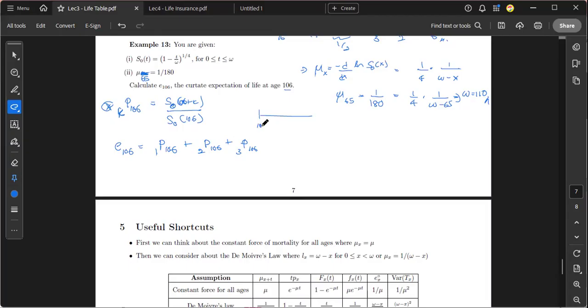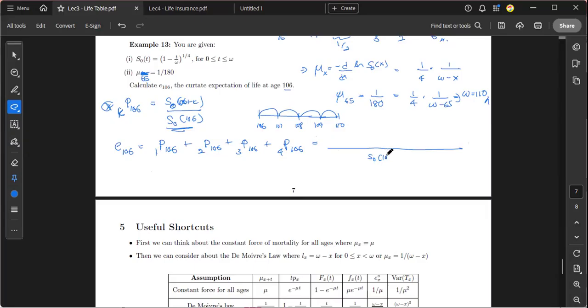So if we have these jumps, 107, 108, 109, and 110, that means this is the maximum survival probabilities we can get for this life. And for this series, this is a common denominator.